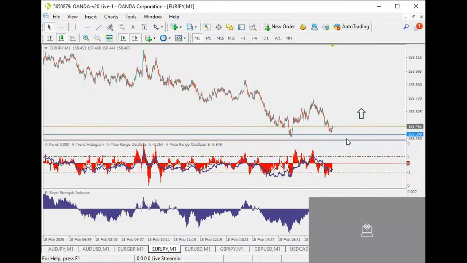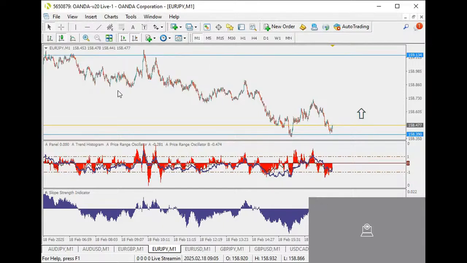I'll come back. It looks like it might do that. So even though the short term trend or the immediate trend is bearish, because it's near a major support level and the overall trend is neutral, the overall trend is going sideways.